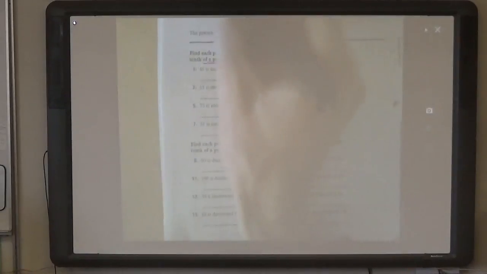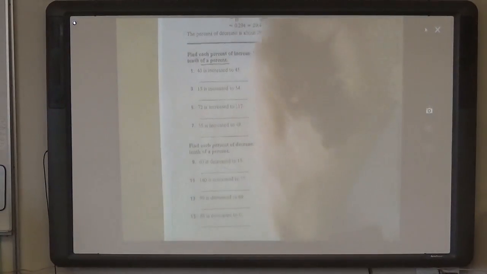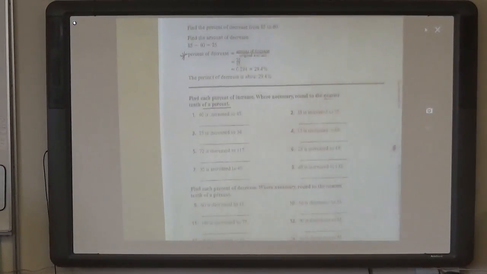Look at up here, it helps you. Percent of decrease. At the top of your paper it says, find the amount of decrease in the example, and then divide it by the original amount, right?